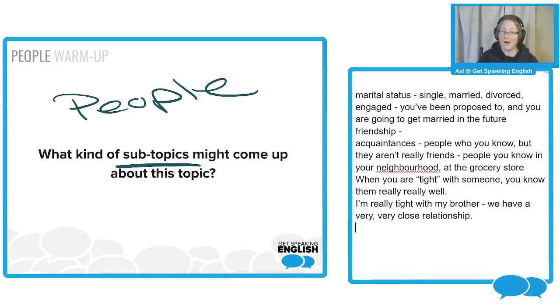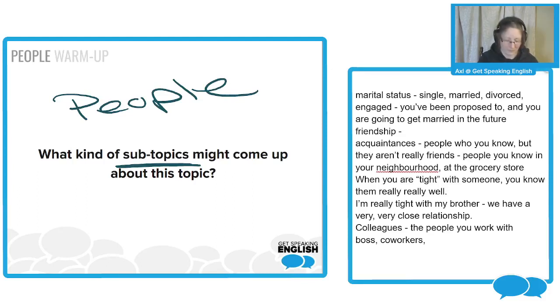So colleagues could be another one. Colleagues. These are the people you work with, right? Exactly. I know that this word looks weird, but when we say it, it's colleagues. So the people that you would work with, maybe also your boss, or we could also call them coworkers as well.